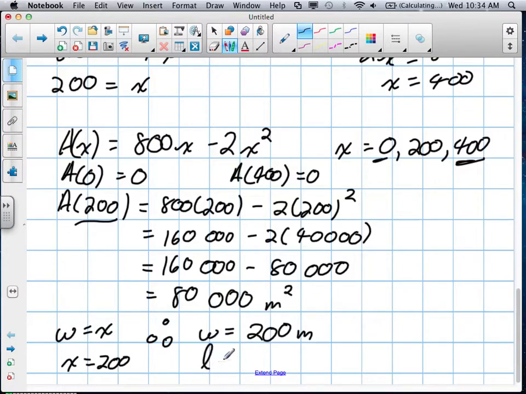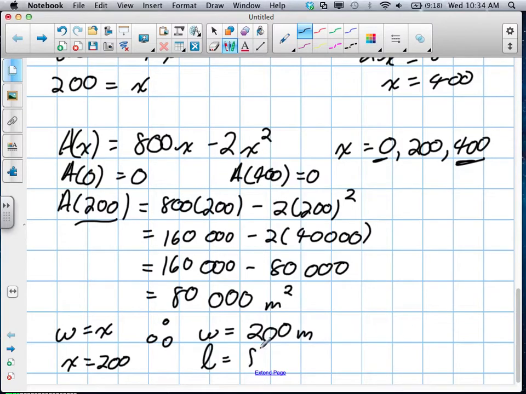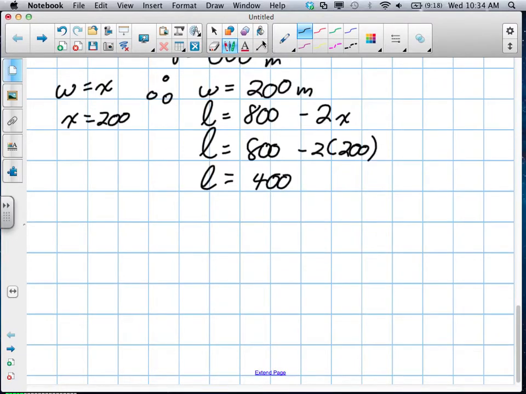Well, our length formula was, if you scroll back up and take a look, 800 minus 2x. Well, x was 200, so our length is equal to 800 minus 2 times 200, which is equal to 400, our length. So, let's recreate that little picture we had at the beginning.